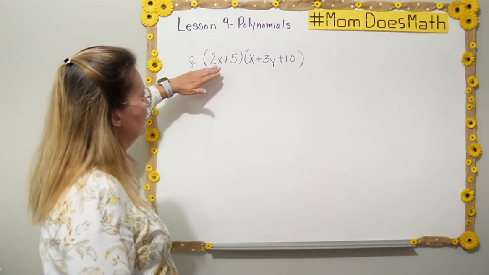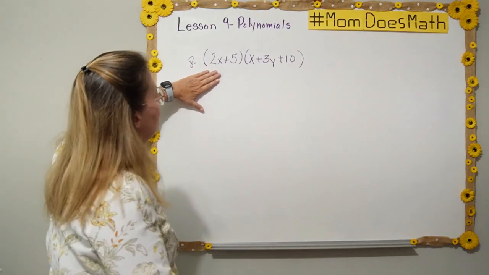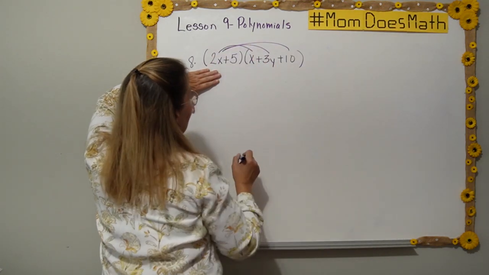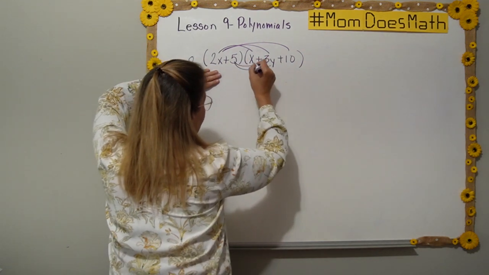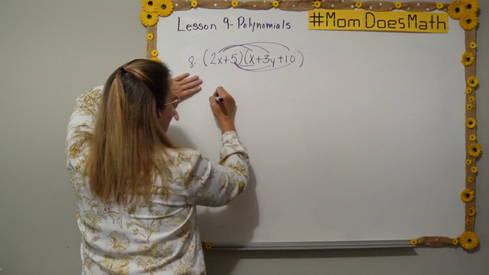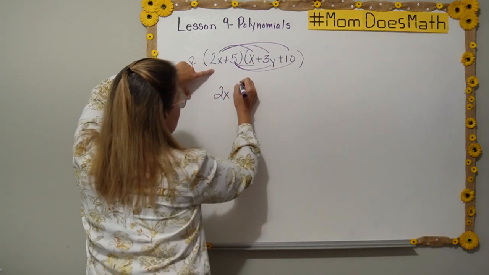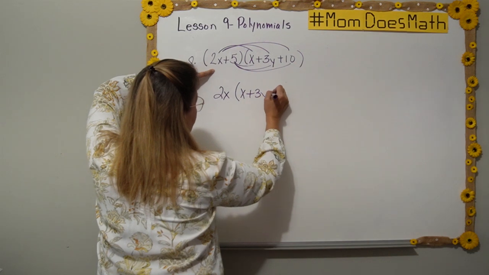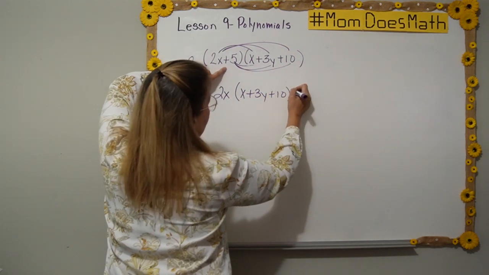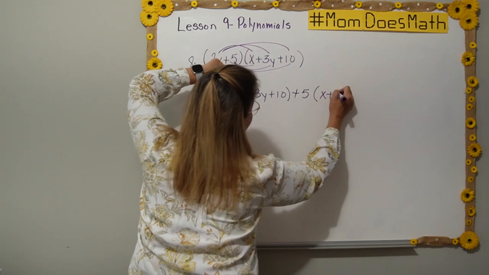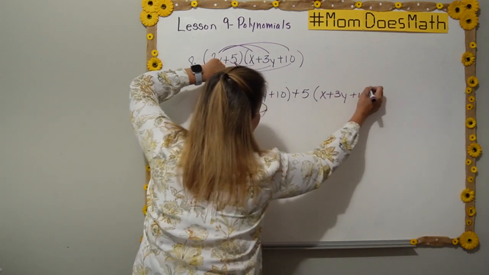So what you need to make sure you do is multiply this times all of those and this one times all of those. So a safe bet is to just go ahead and write the 2x times this whole set of parentheses plus 5 times the whole set of parentheses again. Now, is that necessary?